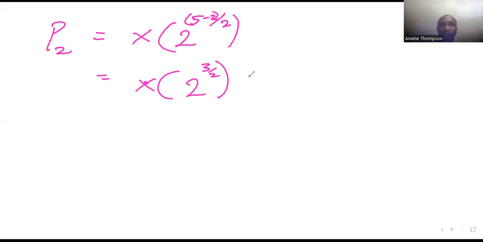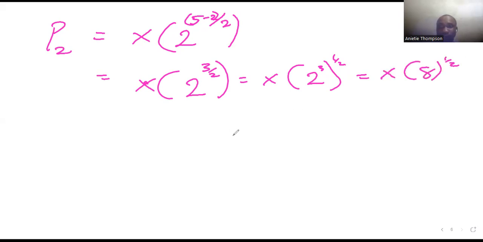So of course, you can also write this as x into 2 raised to the power of 3, then raised to the power of half. And then you can quickly see that x into 8 raised to the power of half, or that is equal to square root of 8 x. You can check that also.